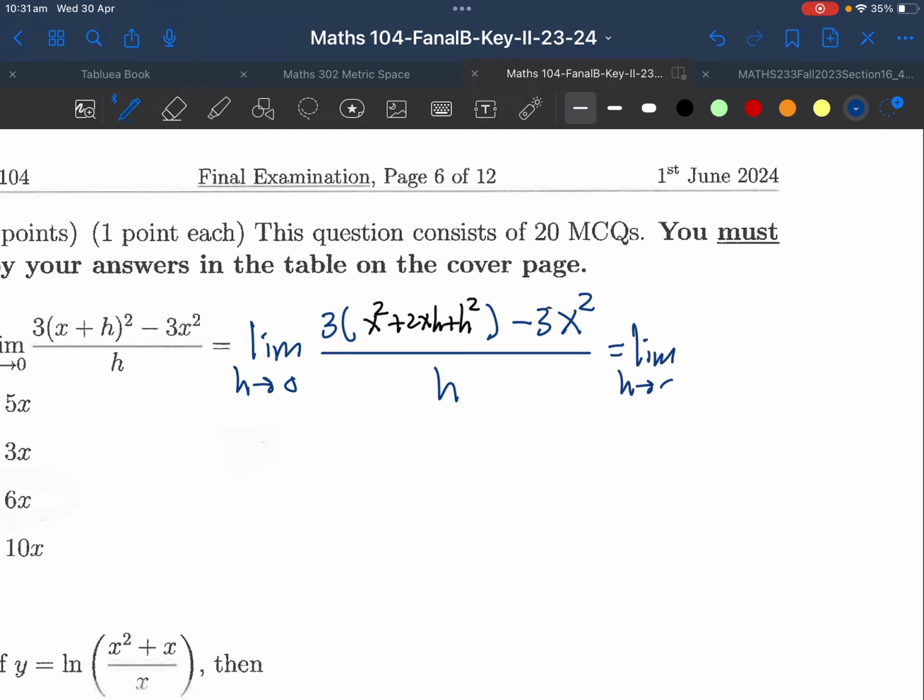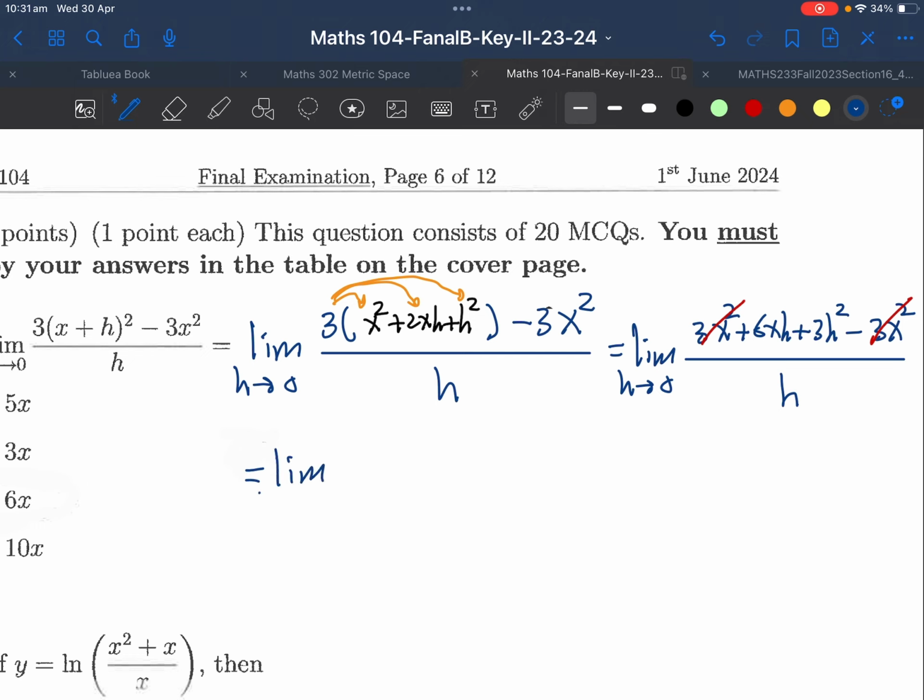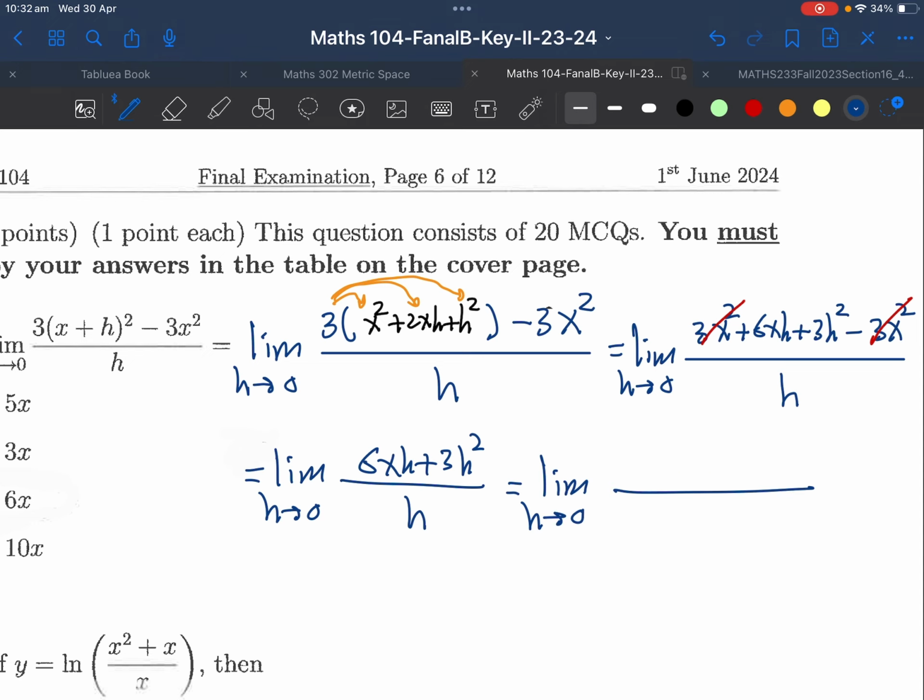And this is limit as h goes to 0 of all over h. Now, take the 3 inside for each one of these. What we're gonna get? We're gonna get 3x squared, 6xh, 3h squared minus 3x squared. There is a clear cancellation. The first and the last are the same with different sign. So we end up with 6xh plus 3h squared divided by h. Take h as common factor.